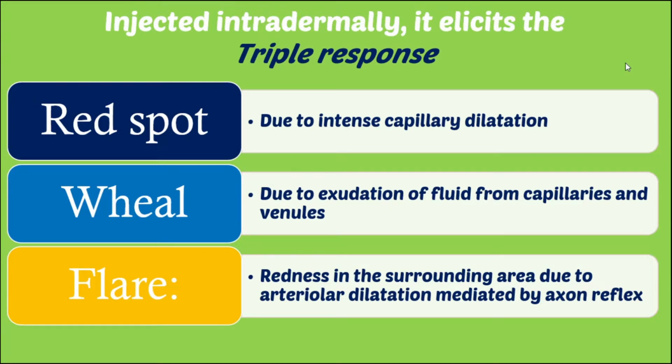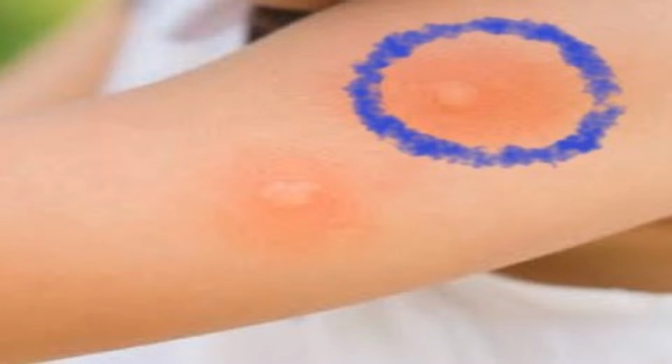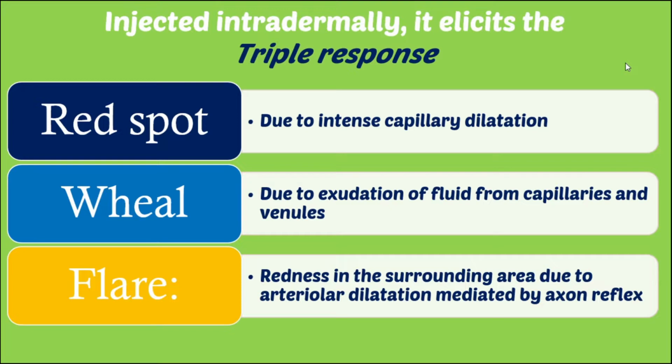So whenever there is a mosquito bite, a specific area plus some area around it is also seen red. That is due to, once again, release of histamine, and it is axon reflex. The peripheral neurons around that area are sensitized by histamine, and that will ultimately produce flare. So this is called the triple response of histamine.